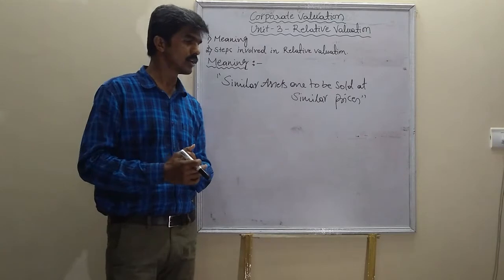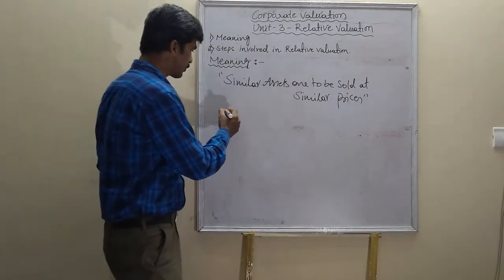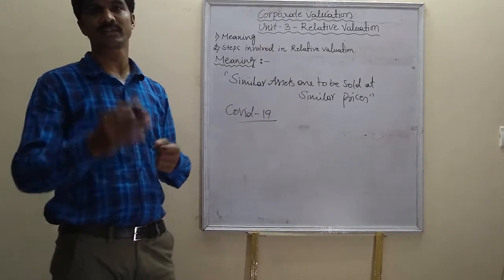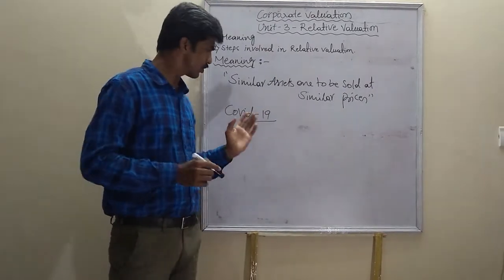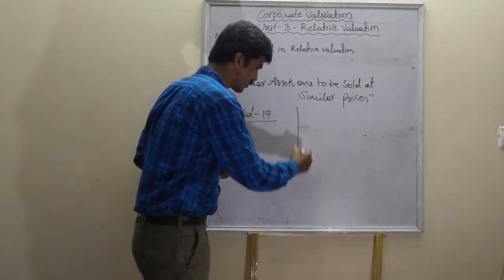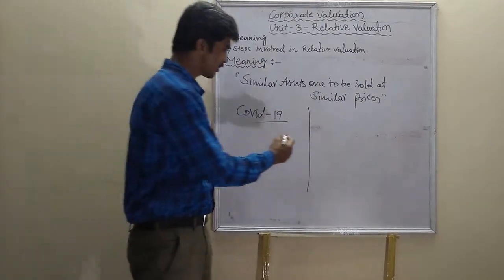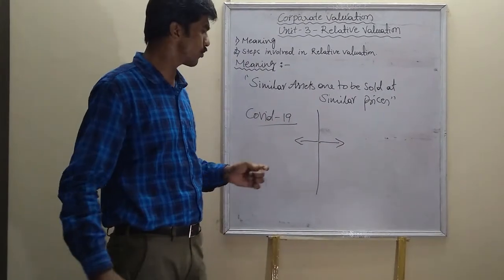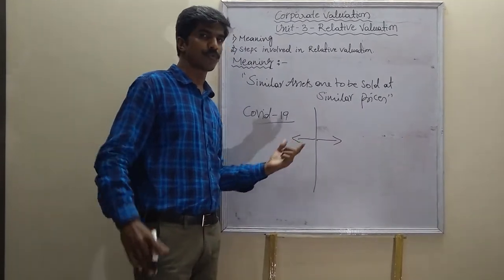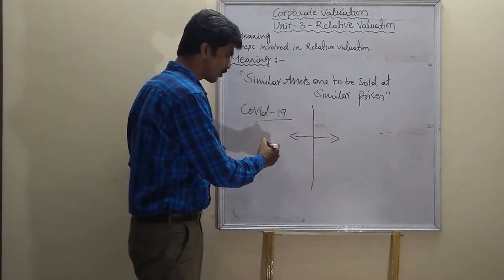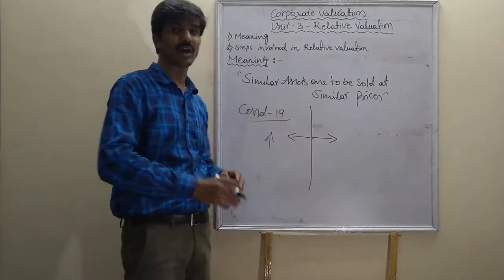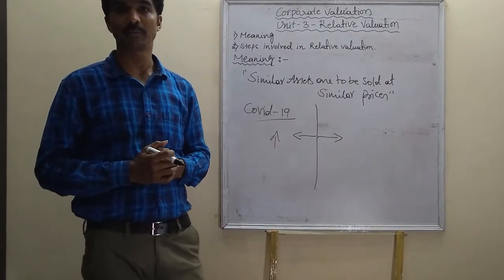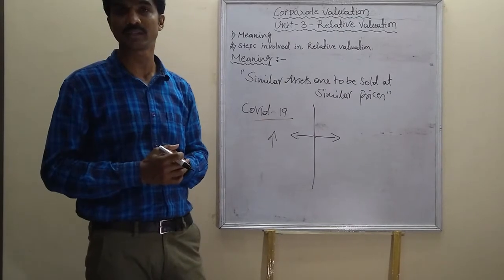For example, now I will take an example of COVID-19. If you take COVID-19 as an example, the situation was totally different. If you take two situations, before COVID-19 and after COVID-19, if I have to value a firm, the cash flows before COVID-19 were really, really good, because there was a good number of sales.